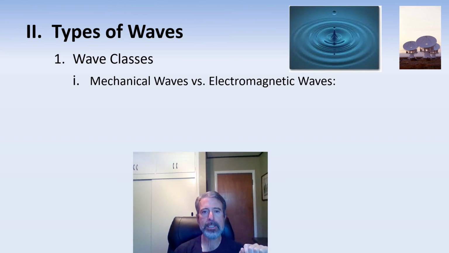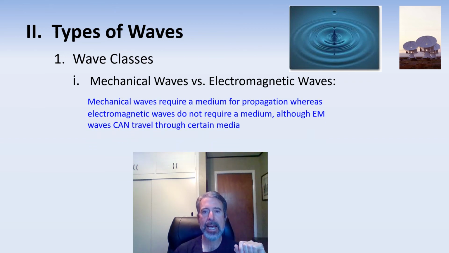So what is it that makes a mechanical wave different from an electromagnetic wave? Well, it turns out that mechanical waves, as the name would suggest, require a medium for travel, a medium that they must travel through, a medium for propagation. Electromagnetic waves do not require a medium, although electromagnetic waves can travel through certain media.